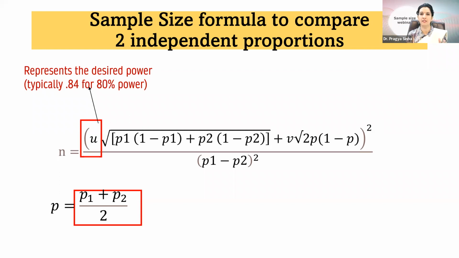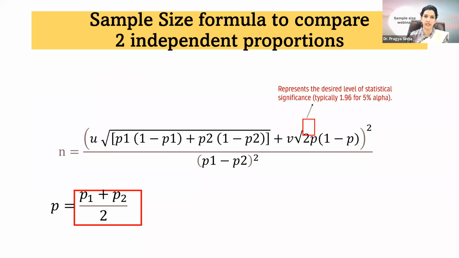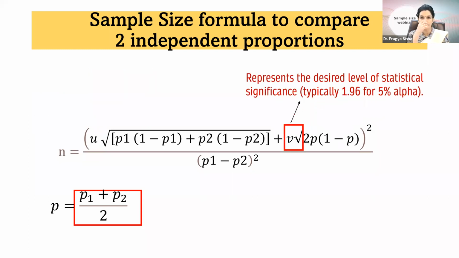In this webinar, we took the standard example and we are cross-checking how they have arrived at a certain number. So this U again represents the desired power, which is typically 0.84 at 80% power. And this V represents the desired level of statistical significance, which is 1.96.